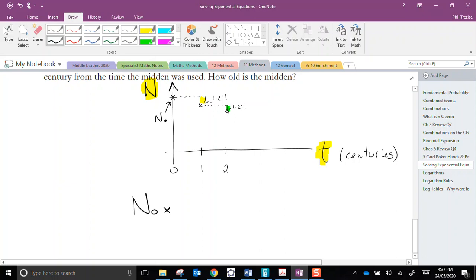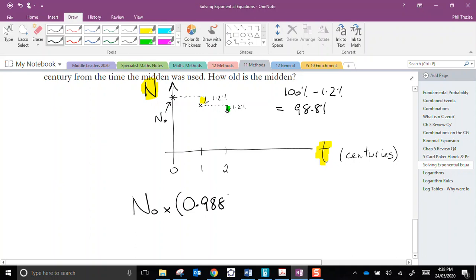Now, how much is a reduction of 1.2%? What is 100% of something minus 1.2% of that thing? Well, that would be 98.8%. So another way of saying a reduction of 1.2% is to say we still have 0.988, we multiply by 0.988.